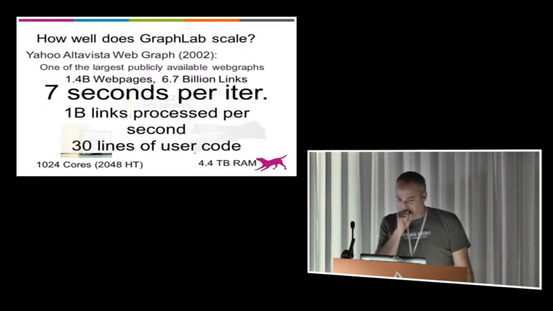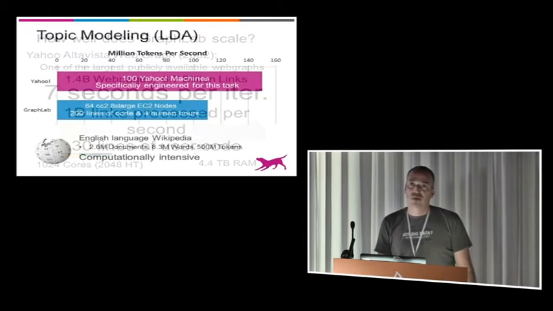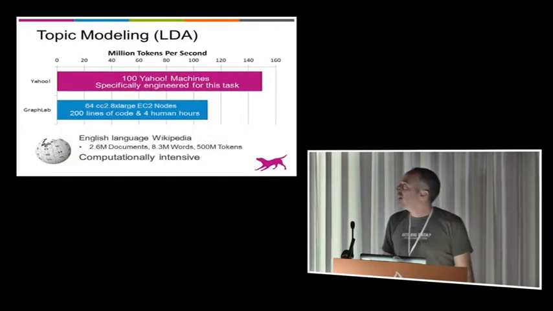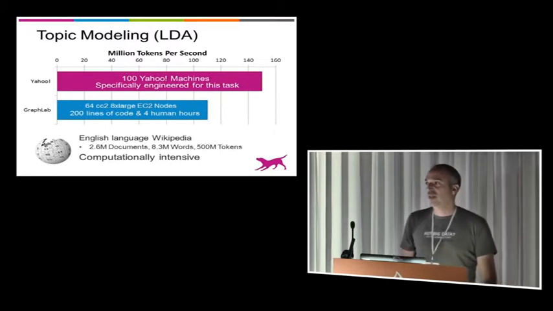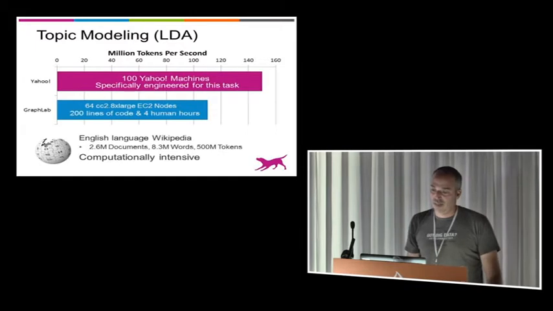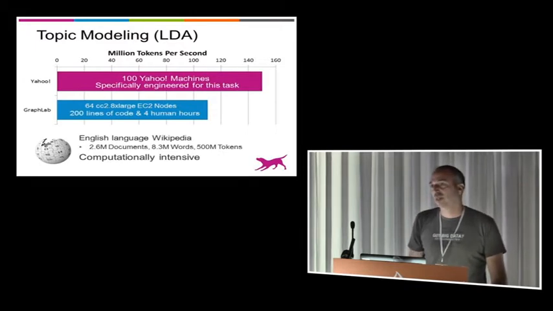Another example, this one of reusability, is another system for solving the topic modeling problem, built by Alex Smola when he was at Yahoo. They built a special system, worked on it for a year, and wrote a paper about it, which goes over Wikipedia and computes topic assignments for Wikipedia pages.